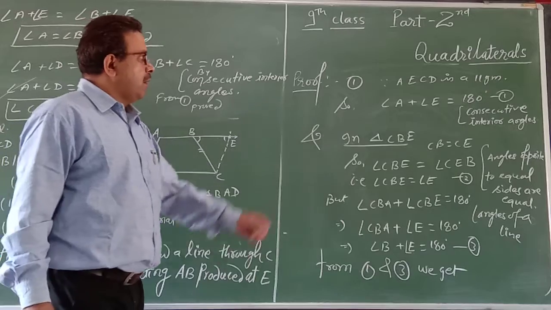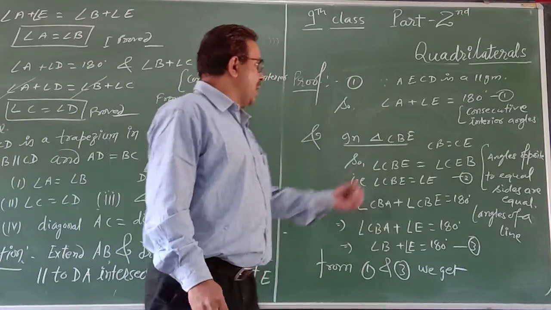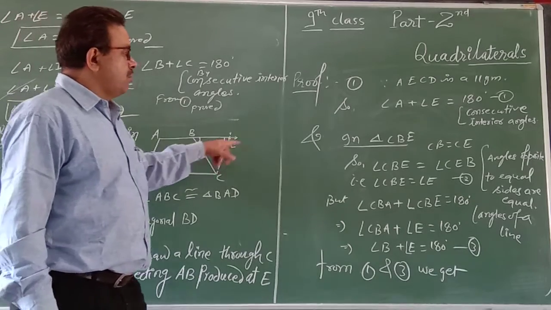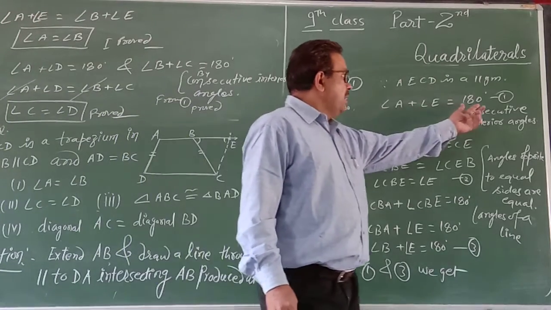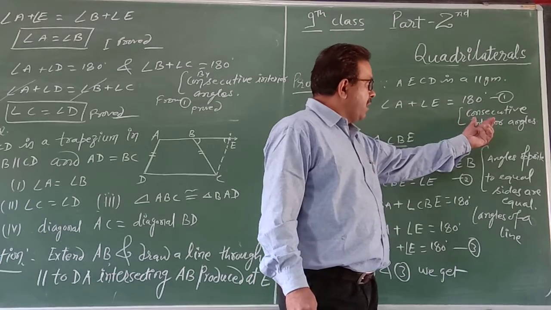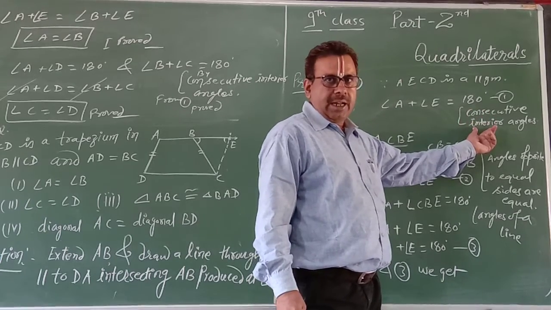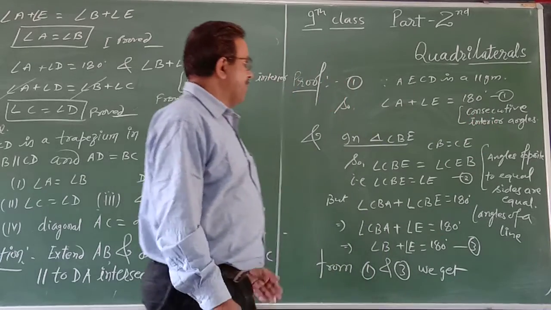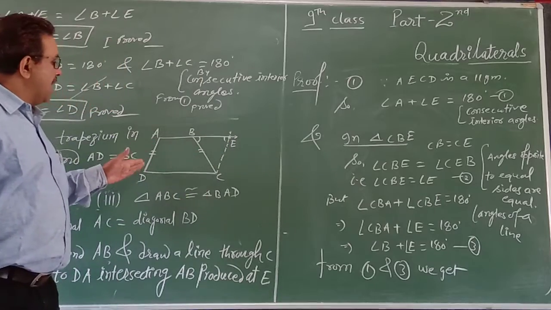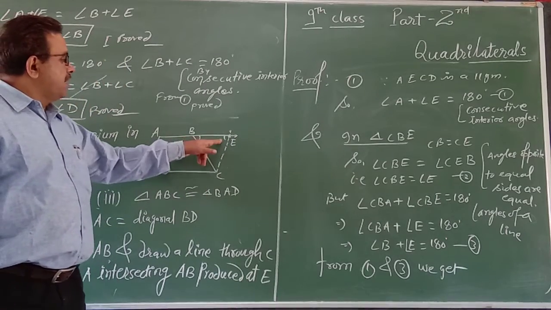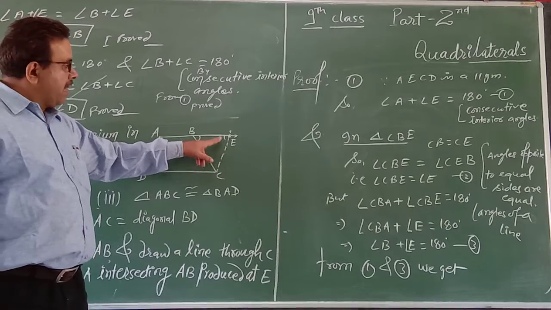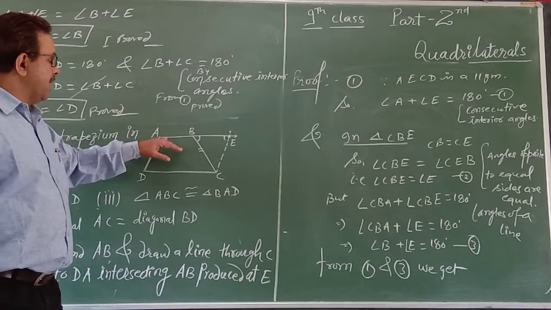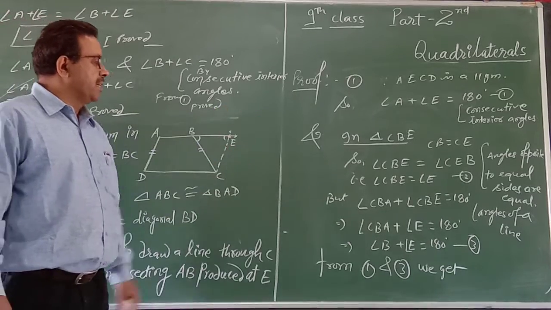Thus, by consecutive interior angles, which are also called allied angles or co-interior angles, we get angle A plus angle E is equal to 180 degrees.